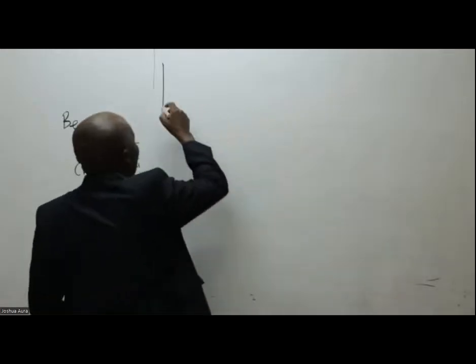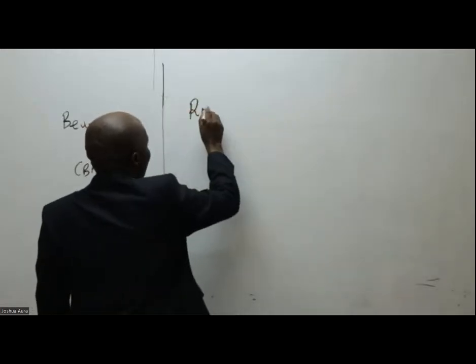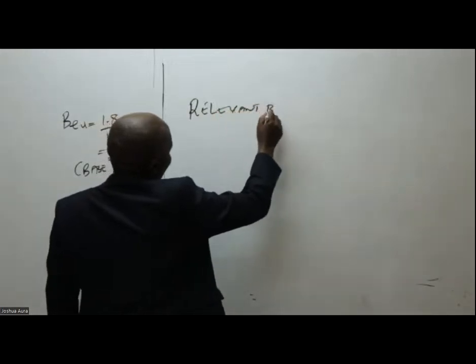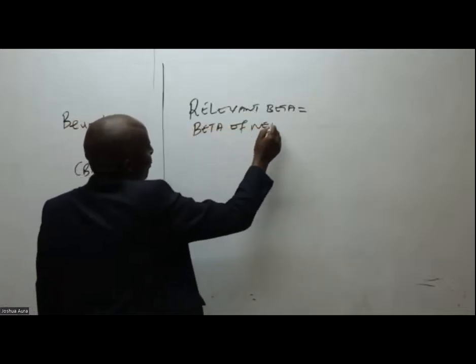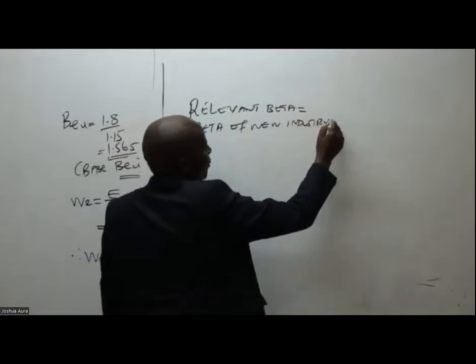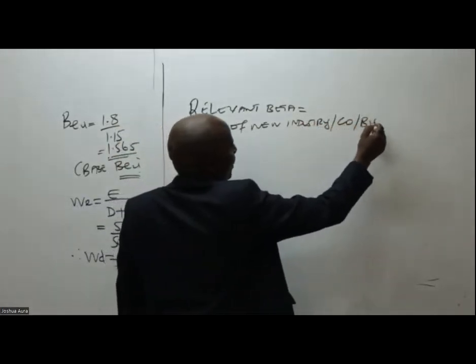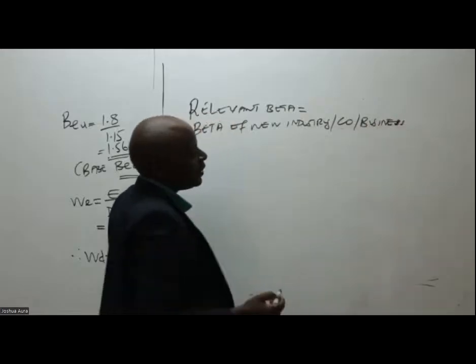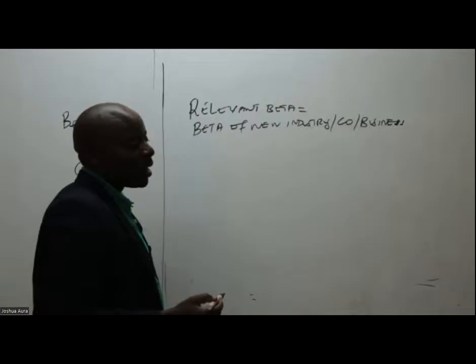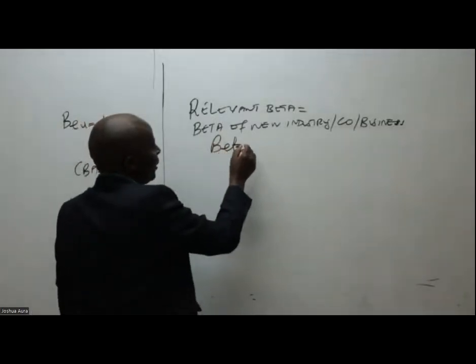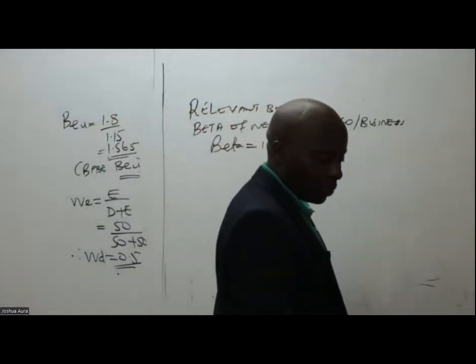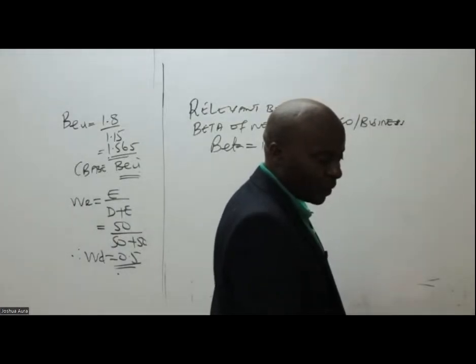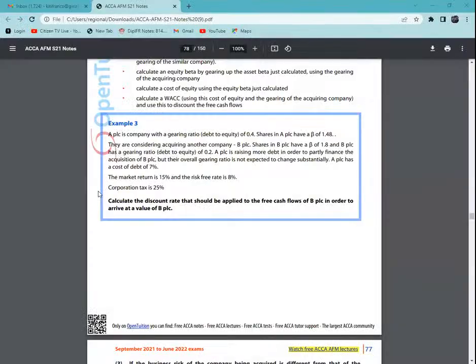The relevant beta is the beta of the new industry, new company, or new business. And the beta that they have given me is a beta of 1.8 for the new business. This beta of the new business is 1.8.